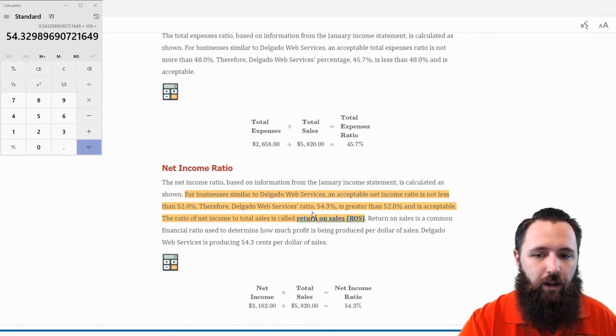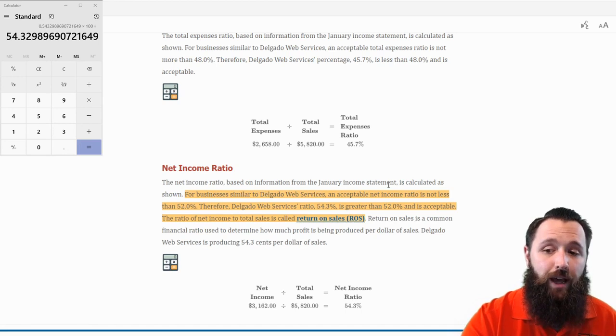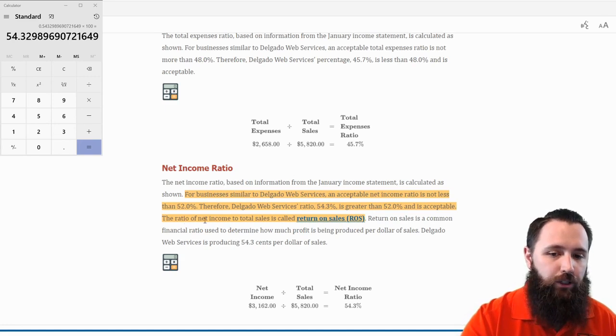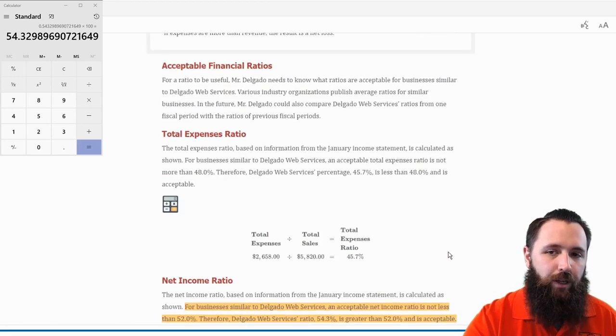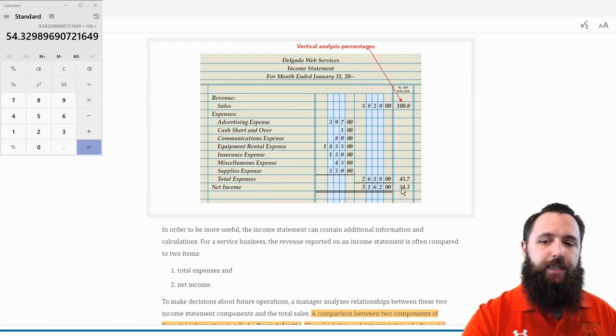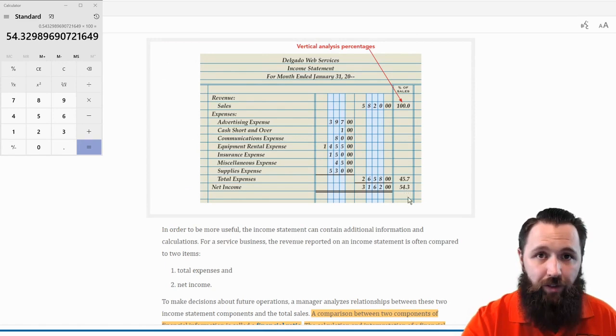So here's the net income ratio. It says for businesses similar to Delgado Web, an acceptable net income ratio is not less than 52%. Therefore, Delgado Web Service's ratio of 54.3 is greater than 52% and is acceptable. The ratio of net income to total sales is called our return on sales, because essentially it means that for every single dollar we get in sales, we get to keep 54.3 cents of it.